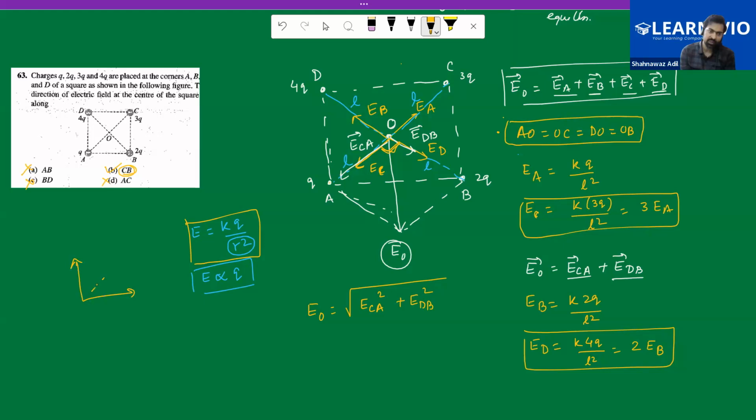So ECA, I already know what it is. That would be EC minus EA, so that is 2EA whole square. And then this is 2EB, so this is simply EB whole square. And I can find out the magnitude. So this would be the answer, right?